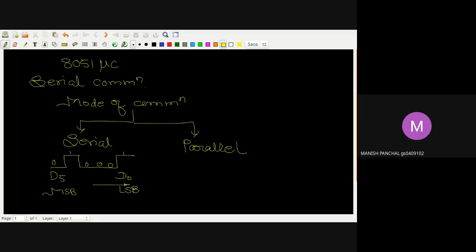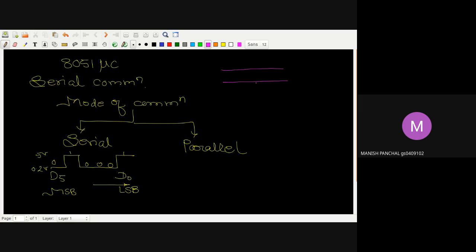In serial communication, you are transmitting some voltage level from one place to another. If I consider 0 as 0.2 volt and 1 as 5 volt, whenever voltage comes into the picture, you have two lines, because on one line you send your voltage with reference to the ground.